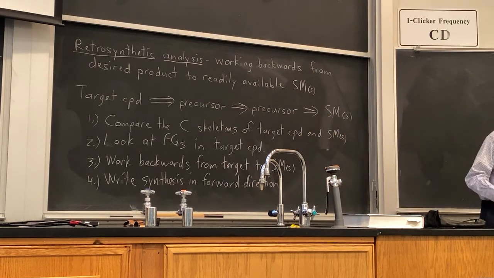We don't want you to draw the mechanisms. That would take too much time and space. But we do want you to draw the reagents. You have to draw the reagents for each step. You have to draw the product of each step as you write the synthesis in the forward direction from starting materials to products. Okay? So let's do an example.